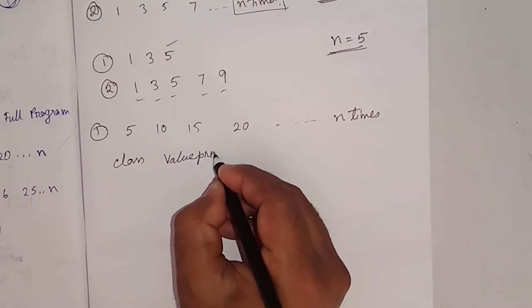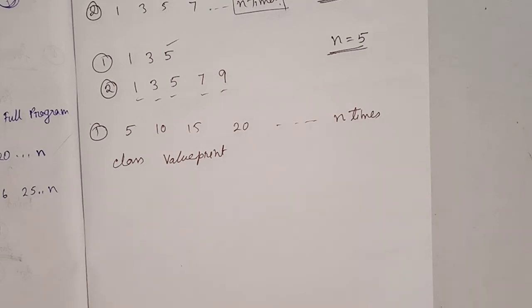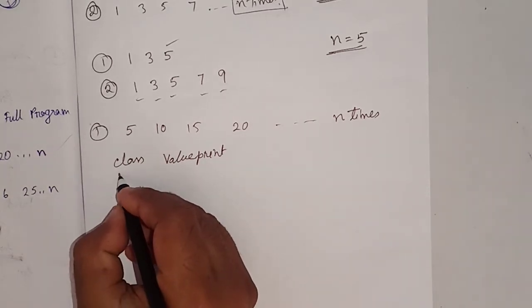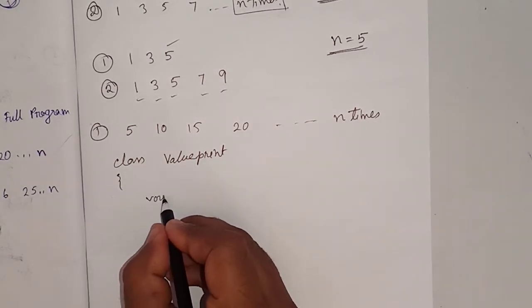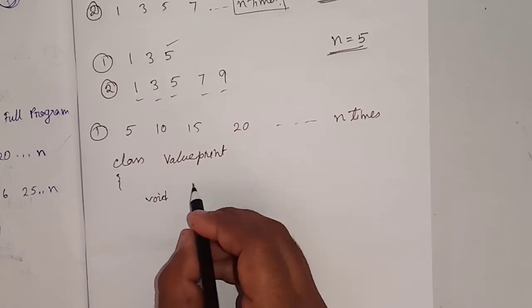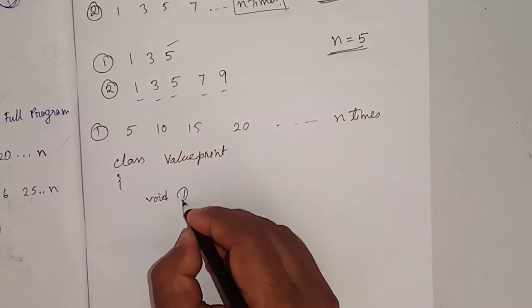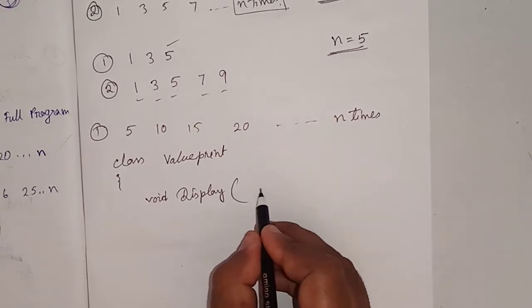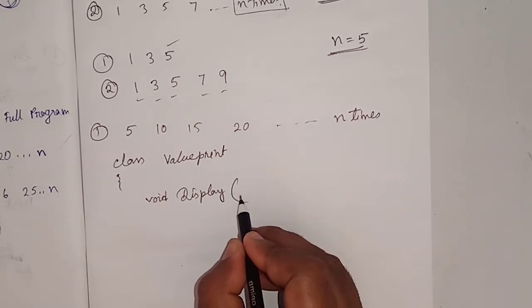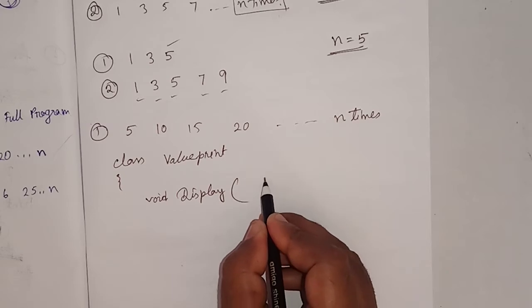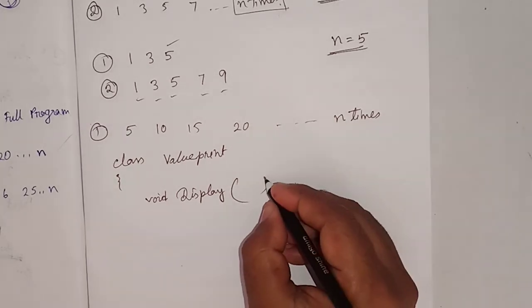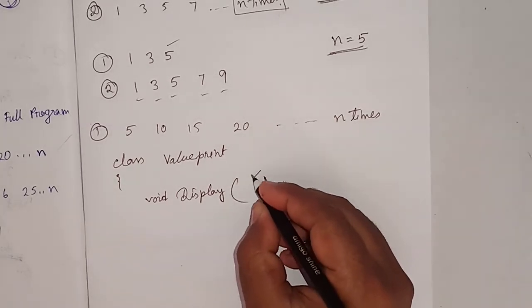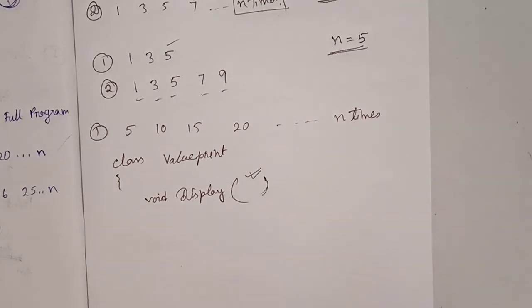Now class, suppose the method is void display. I'm not giving any parameter, because if I provide a parameter over here, those who are running the program are unable to understand what is the meaning of int.